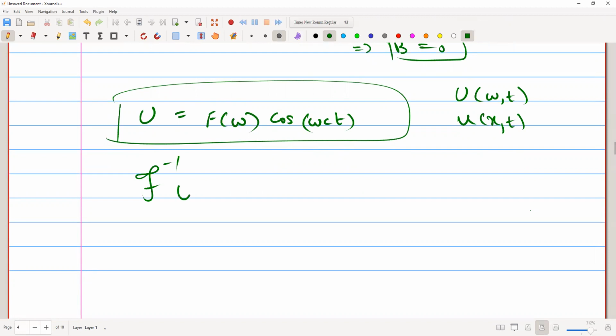So apply the inverse transformation to u, and for the inverse transformation we need to do just one step.